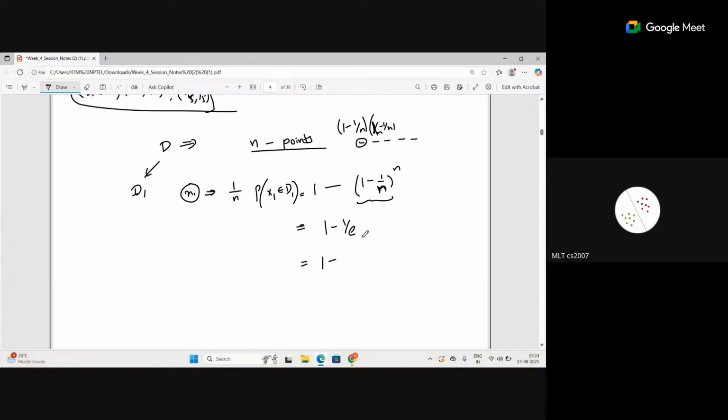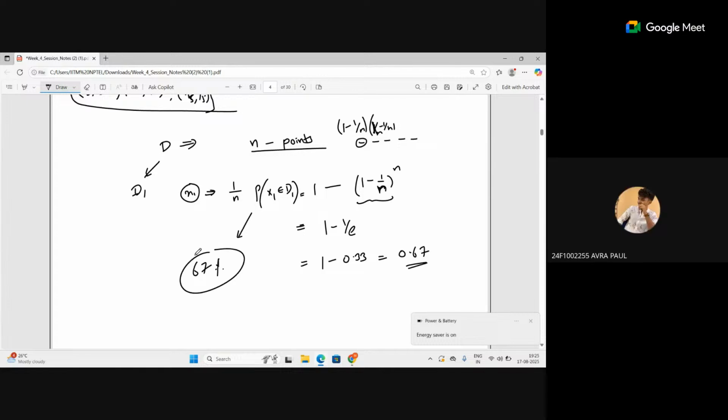If you just do the calculations, this is 0.33, I guess, and that is going to be 0.67. So there is a 67% chance that it will appear, or it will get repeated actually. It should be there in the data set.